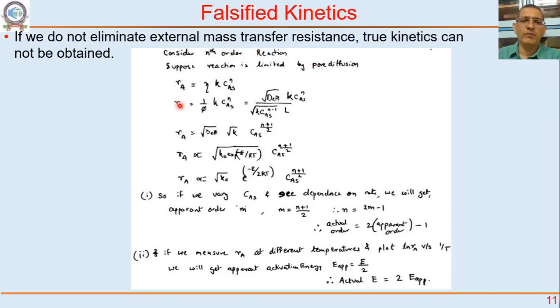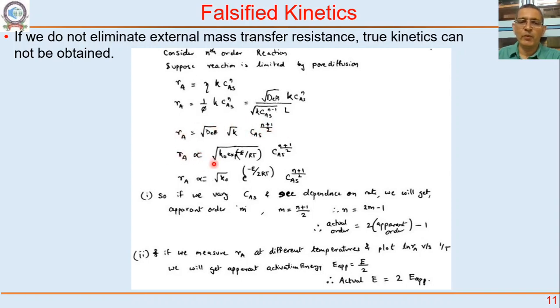We would have Ra equal to eta times K CAS raised to N. Replacing eta with 1 by the Thiele modulus, with the Thiele modulus containing diffusivity and root K CAS raised to N minus 1 times L, Ra would be root effective diffusivity times root K times CAS raised to N plus 1 by 2. Get this expression for yourself.